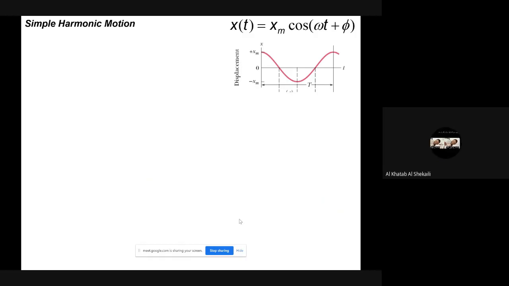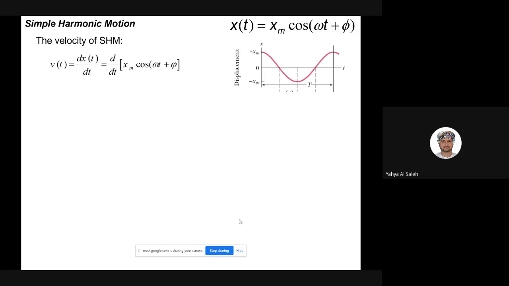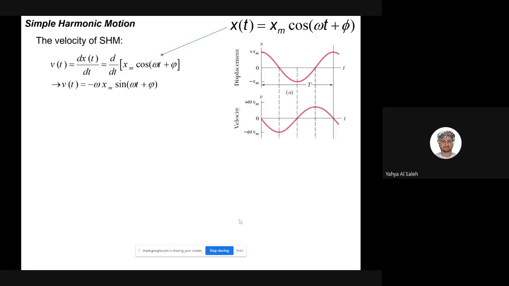What's the derivative of x cosine omega t plus phi? We use the chain rule, d by dt of x_m cosine omega t plus phi.